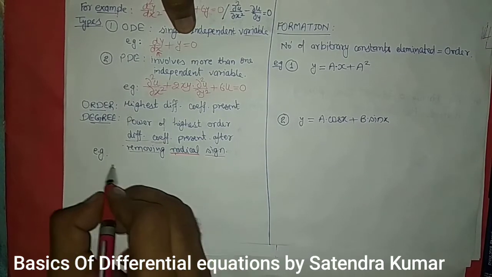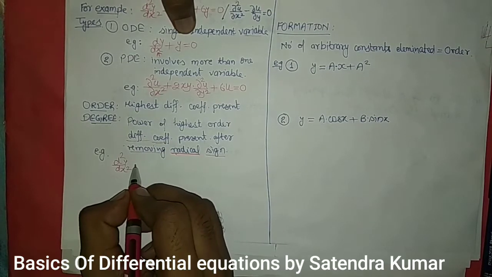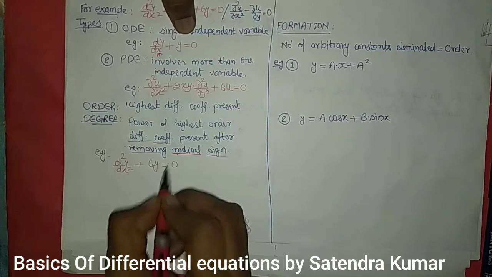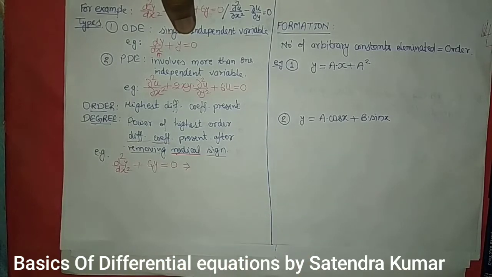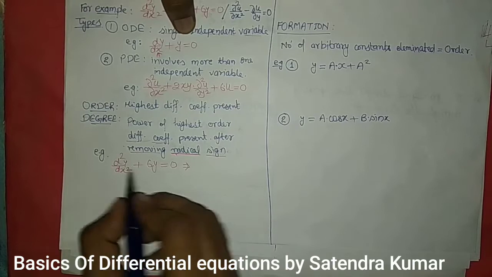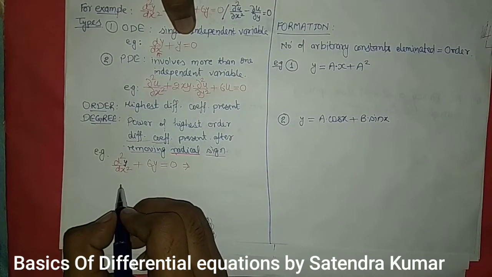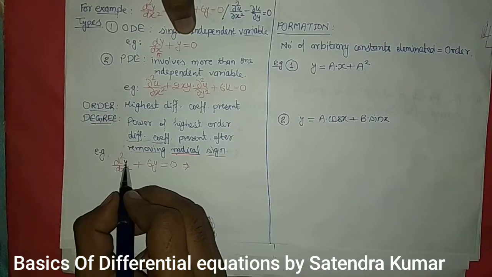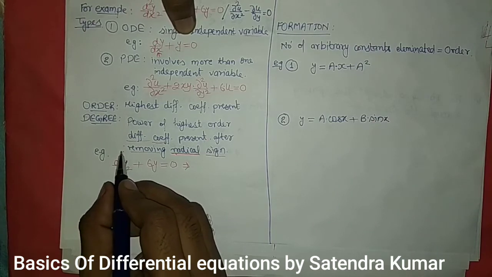For example, a simple differential equation d2y upon dx2 plus 6y is equal to 0, and then we have to find out the order and the degree. So y is the dependent variable and x is the independent variable, and here y is differentiated with respect to x 2 times.